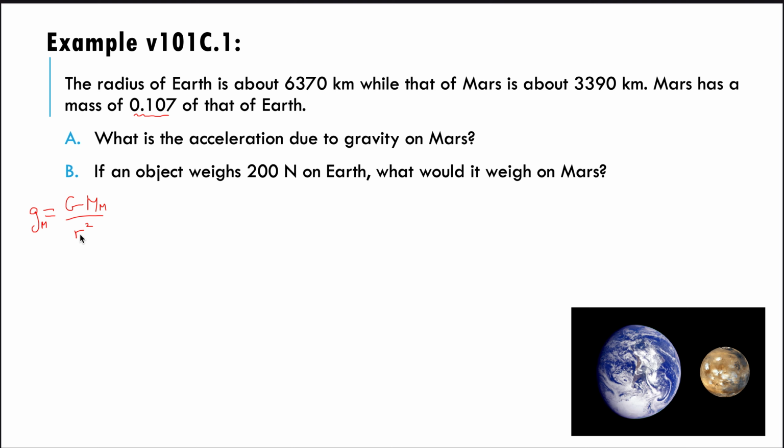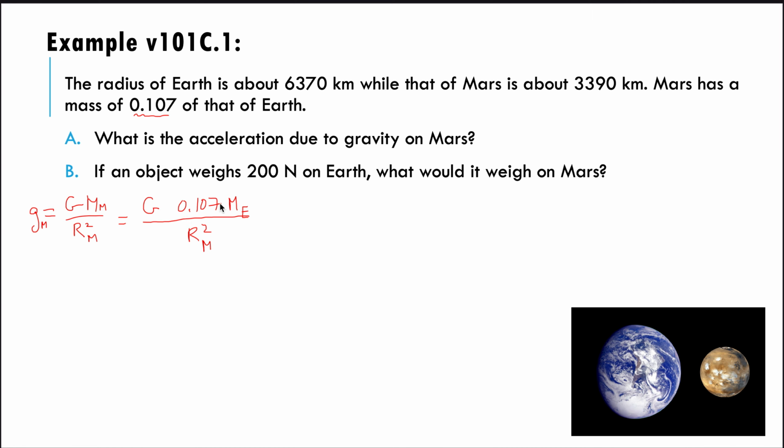Remember, the r is going to be the radius of the planet if we're assuming that we're on the surface. So since we don't know the mass of Mars, what we can do is plug in 0.107 times the mass of Earth, because that's what the mass of Mars is, divided by the radius of Mars squared.